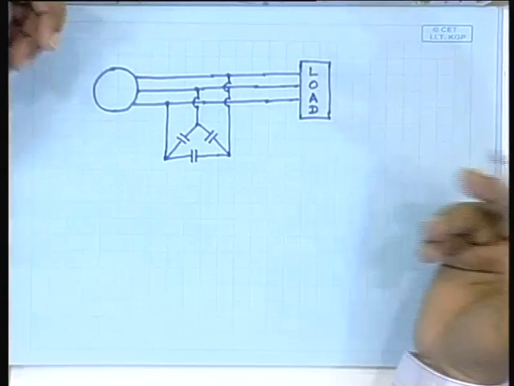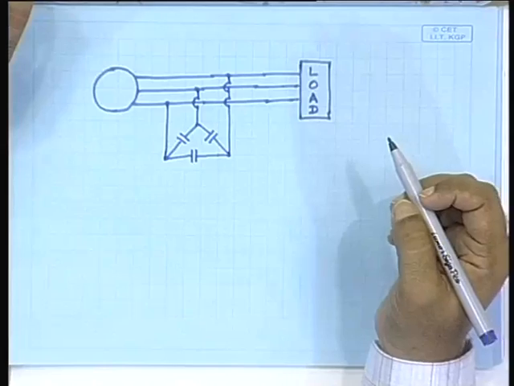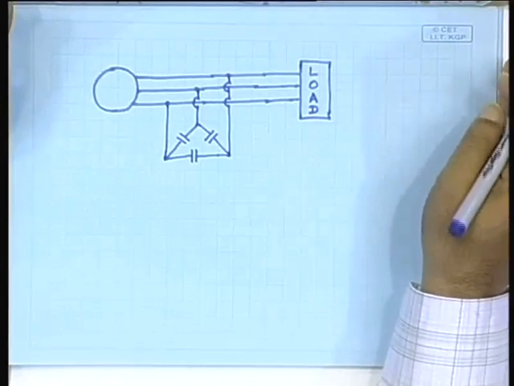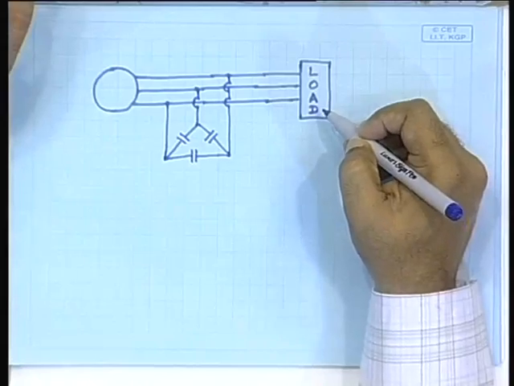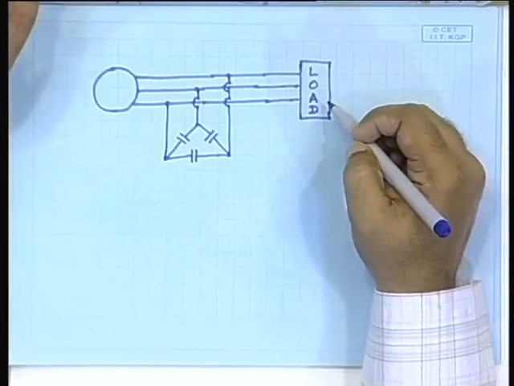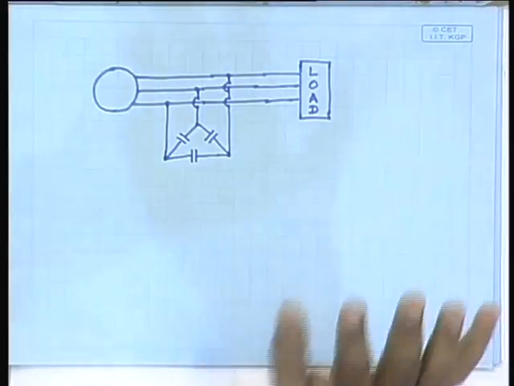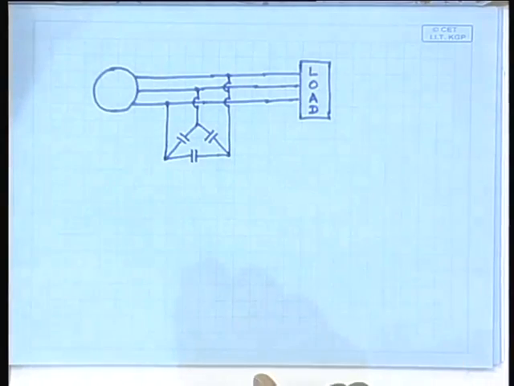This could be lighting load, which we can logically assume to be more or less resistive. It could also be a motor kind of load, in which it will be a resistance plus inductance kind of load. So, this is the general arrangement for the situation where it is a stand-alone system.